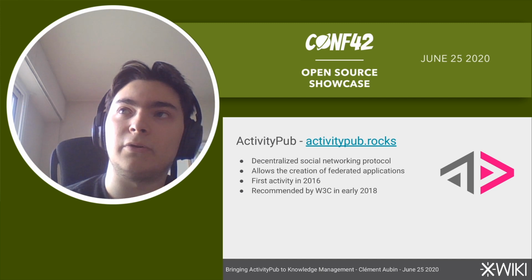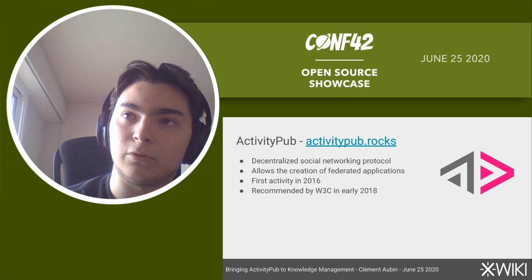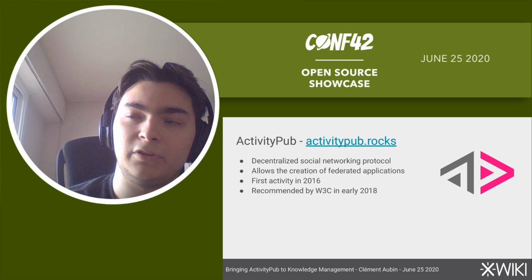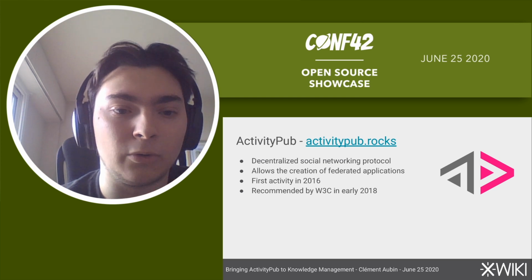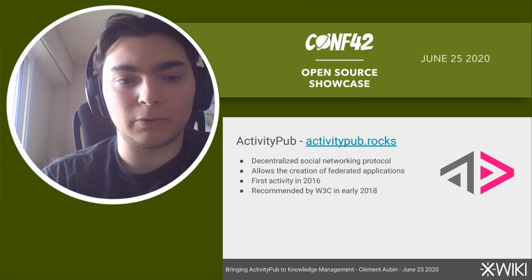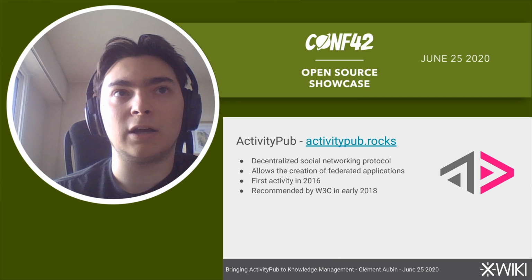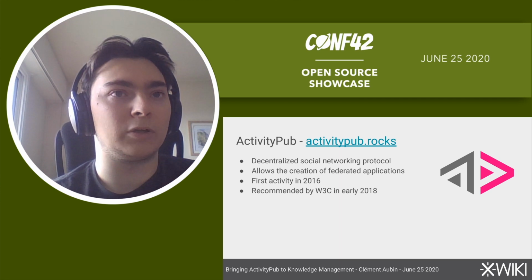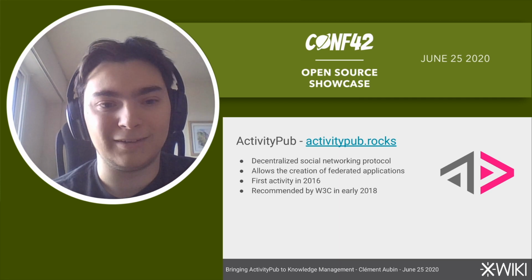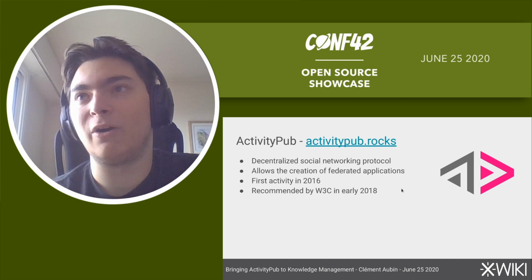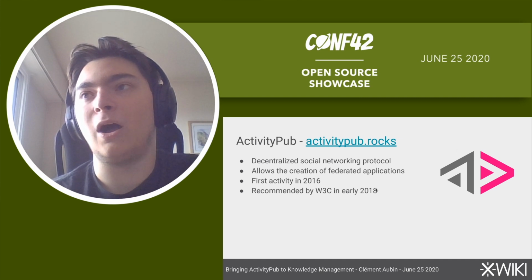One big milestone is that it was recommended by W3C in early 2018. So now we have a living standard on which we can iterate, and it's very interesting because we can build applications that work on a stable version of this standard.